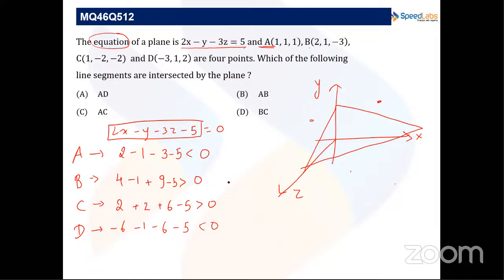So we can say that points A and B will lie on the opposite sides. B and C are lying on the same side, but A and C are lying on the opposite side. Similarly, B and D are lying on the opposite side.